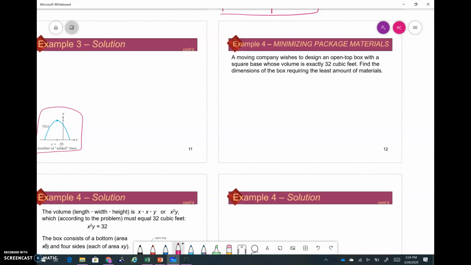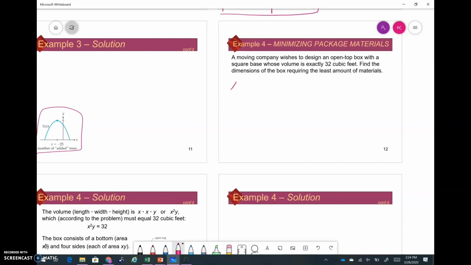All right, so a moving company wishes to design an open-top box with a square base whose volume is exactly 32 cubic feet. We need to find the dimensions of the box requiring the least amount of materials. If it's a square base, we know that all the sides are the same.